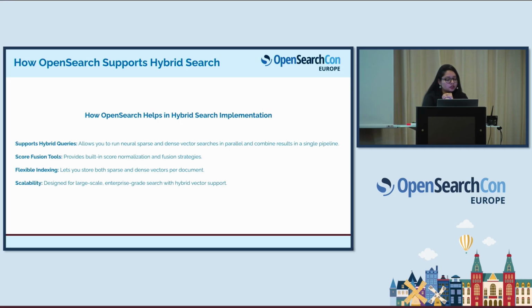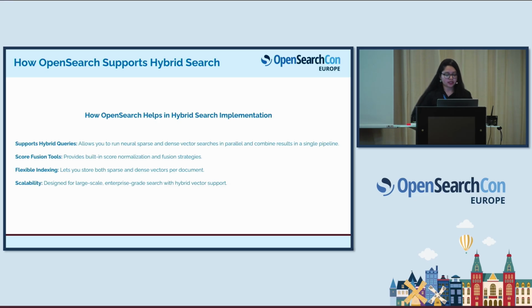Next is score fusion tools. It provides built-in score normalization and fusion strategies. Flexible indexing lets you store both sparse and dense vectors per document. With OpenSearch, it becomes really easy to maintain multiple indices as well.